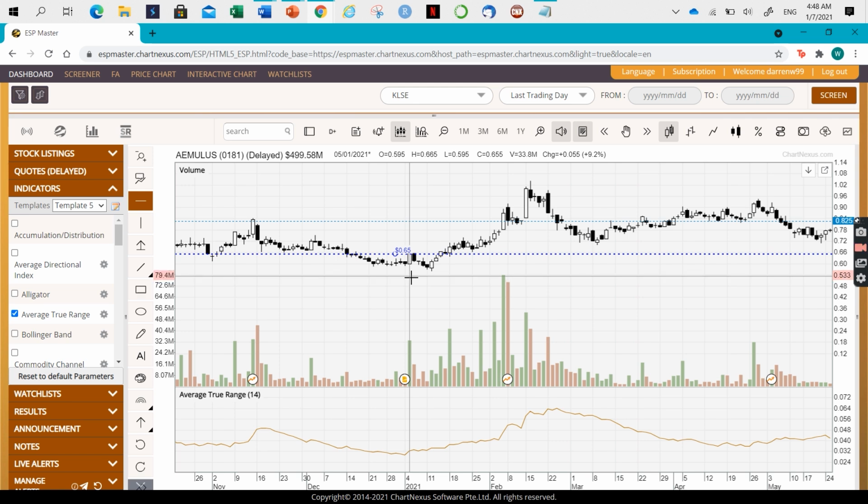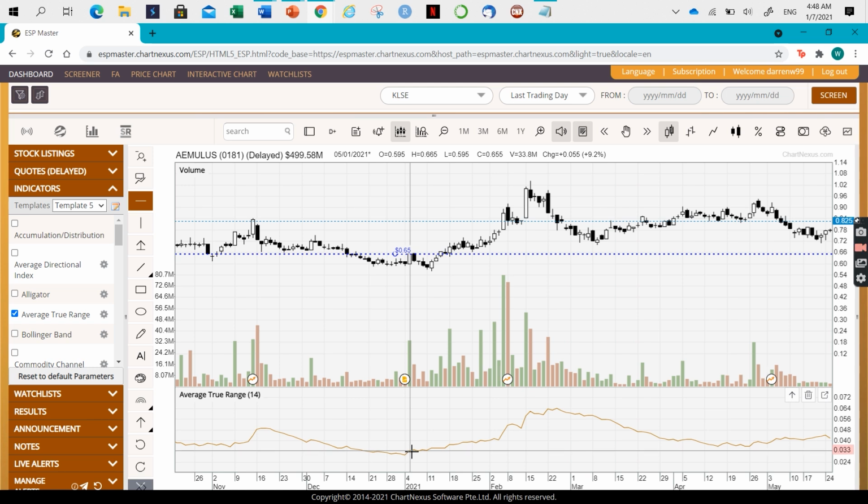Well, we can see that the low of this candle is 59.5 cents, as you can see from the top. And we can go down and check the value of the average true range at that candle. Here we can see that it's actually 3.2 cents, or we can just round it down to 3 cents.